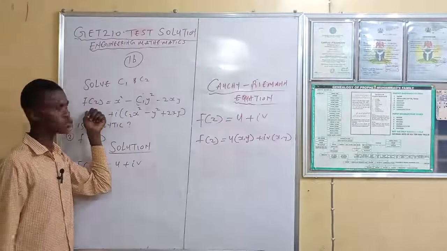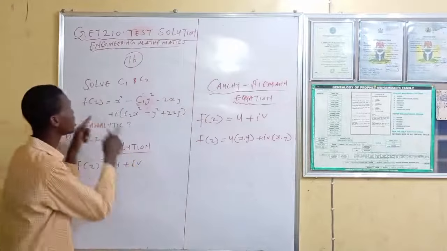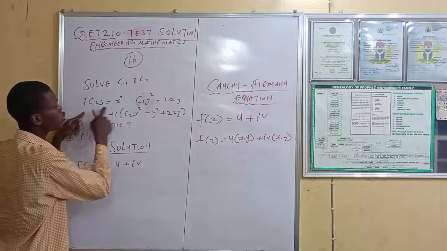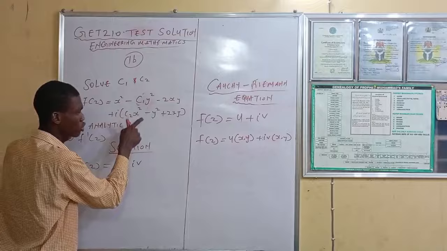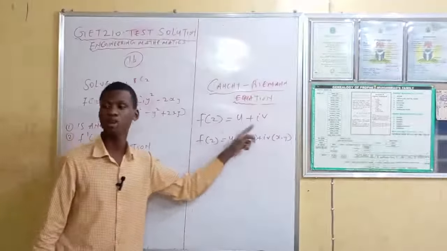Now back to this question. Comparing the given function to this, are they correlating? The first thing is to compare the given equation to the Cauchy-Riemann form, which is the complex number.